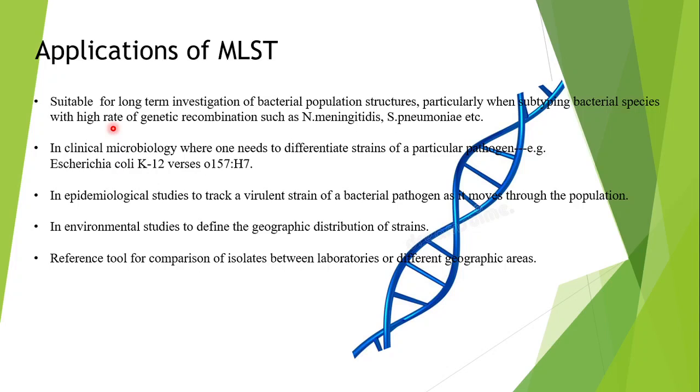It can also be used in clinical microbiology, where one needs to differentiate strains of a particular pathogen. For example, some strains within the species Escherichia coli K12 are completely harmless, whereas others like O157:H7 can cause fatal and serious infections.